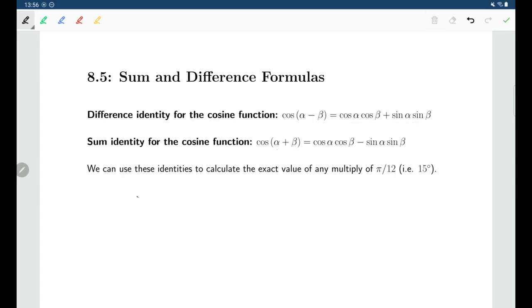Or similarly, if you wanted to find cosine of 75 degrees, 75 is the same thing as 30 plus 45. So again, finding cosine of 75 degrees could be thought of in terms of a sum of two angles, in which case we would just need to find sines and cosines of 30s and 45s.